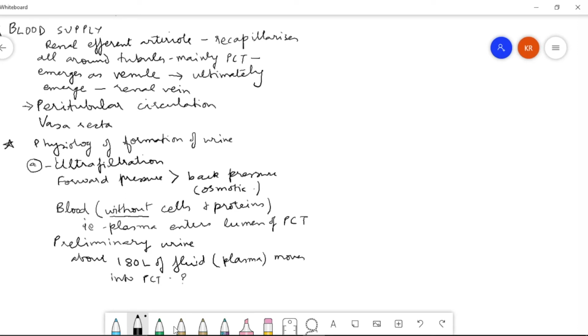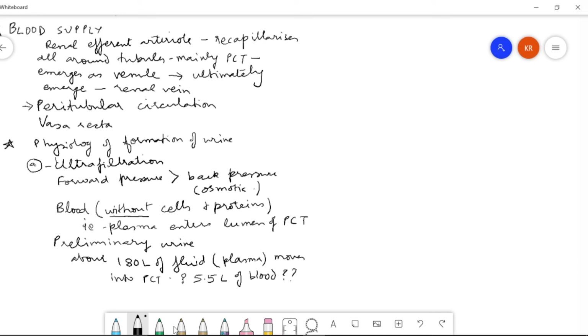And how much blood do we have? We have just about, say, 5.5 liters of blood. So 5.5 liters of blood, and per day 180 liters of blood is entering into the kidney. If it is going to be all passed out as urine, we won't live even for one day.